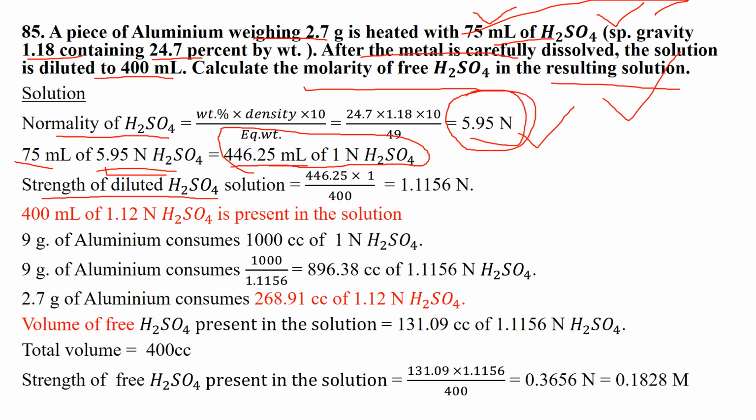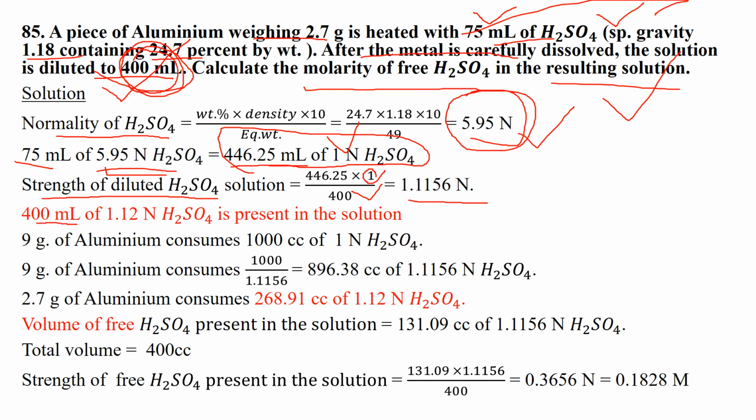The strength of the diluted H2SO4 solution, right? After the metal is carefully dissolved, the solution is diluted to 400 ml. We have to calculate the strength of these 400 ml acid solutions: 446.25 into 1 divided by 400, based upon the dilution formula, is 1.1156 normal. The strength of this diluted acid is equal to 1.1156 normal.